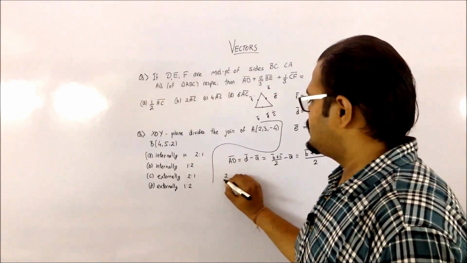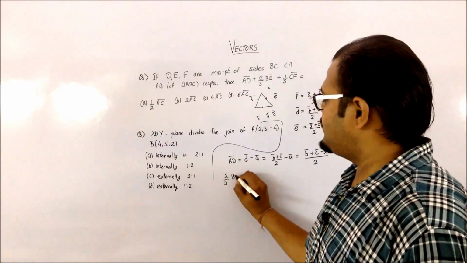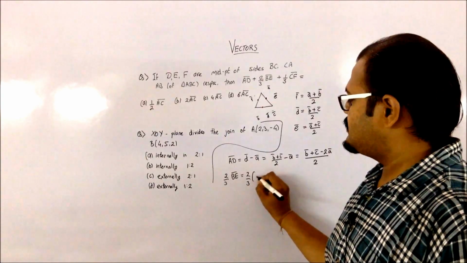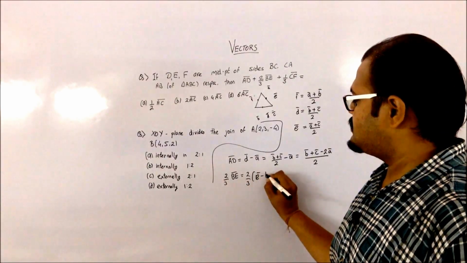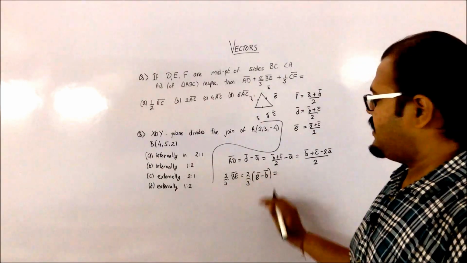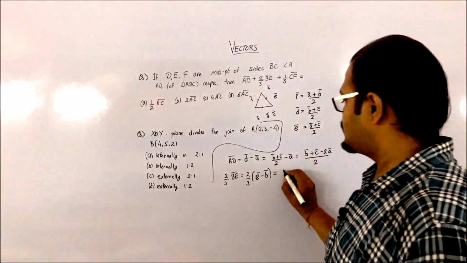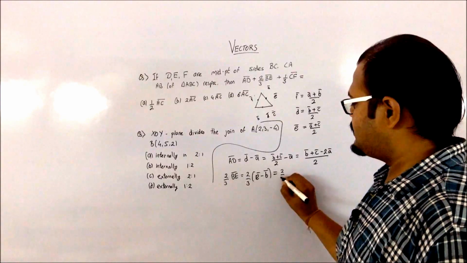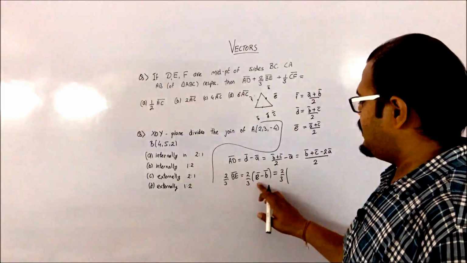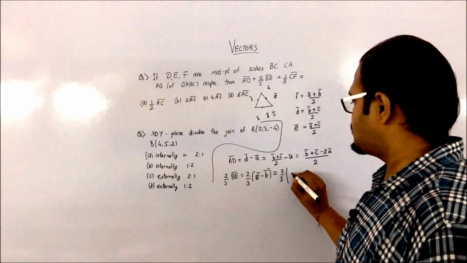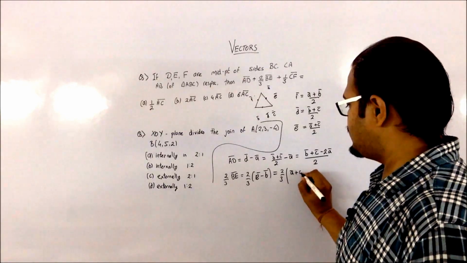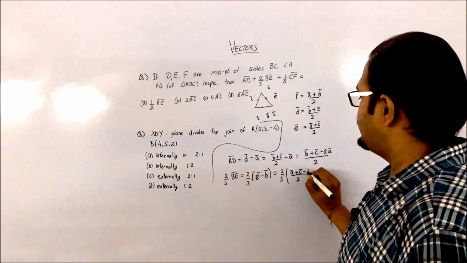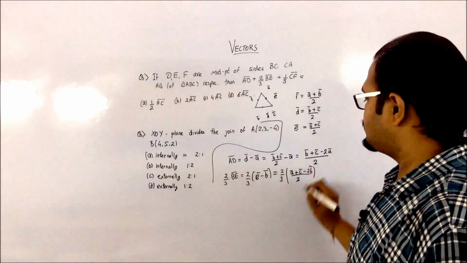Then 2 by 3 BE bar will be nothing but 2 by 3 times E bar minus B bar. E bar I know from this is A bar plus C bar by 2, and then minus 2 B bar.